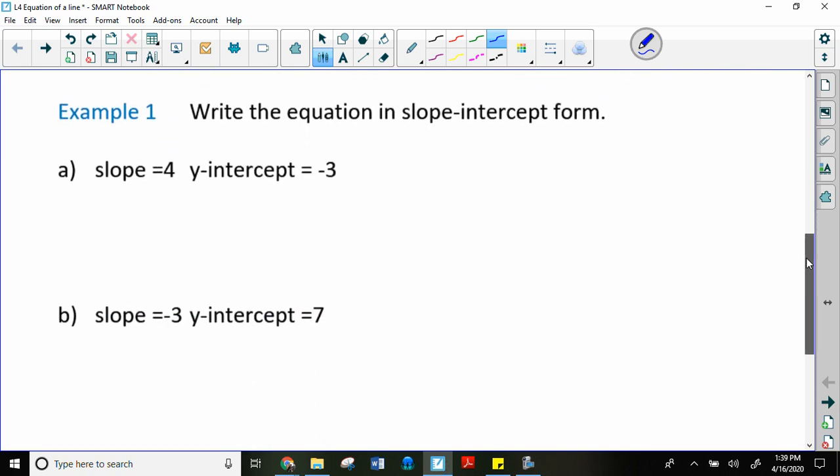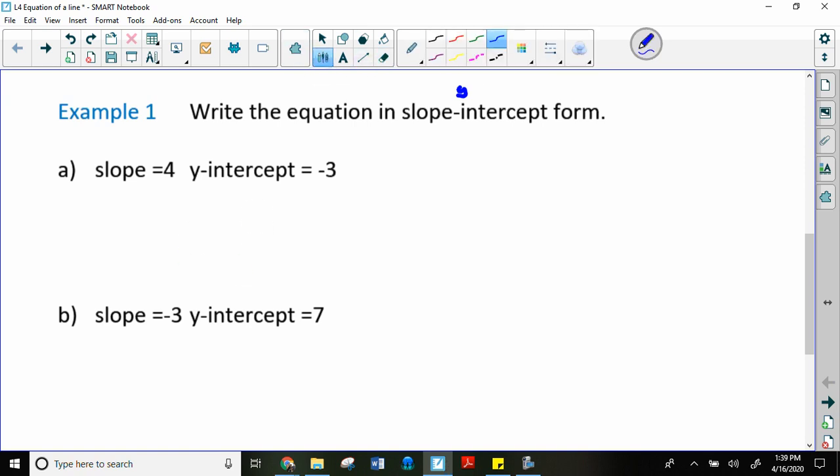We want to write the equation in slope-intercept form, which is the y-intercept form.